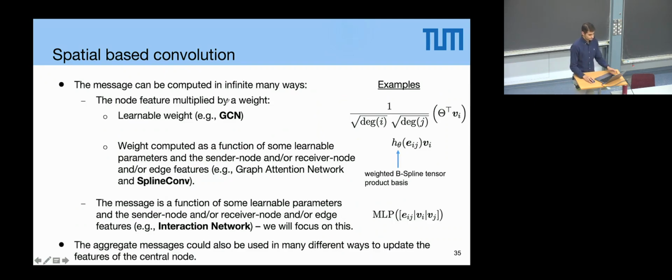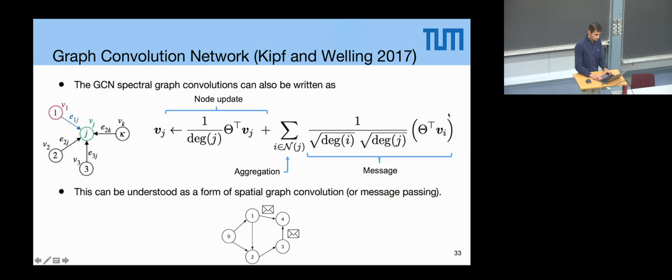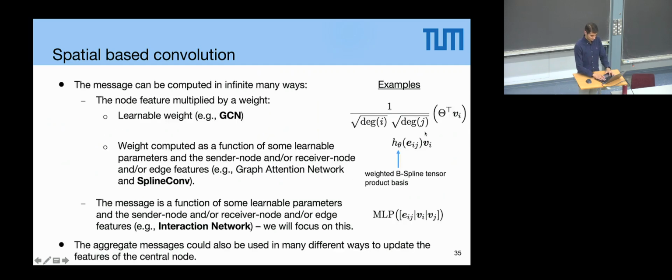Okay, so that's summarized here. This weight that we were using to multiply the features of each node can be directly a learnable weight, which is the same for all the neighboring nodes. That's what we were doing before in the graph convolution network. We were multiplying all the neighboring nodes with that fixed weight.